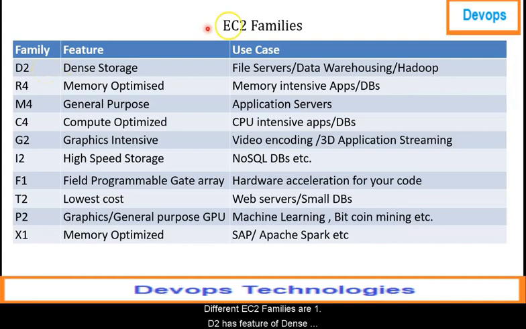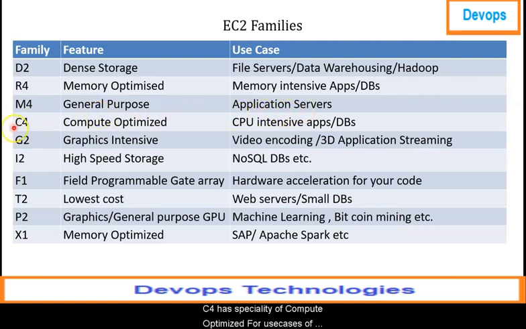Different EC2 families are: first one is D2, which has the feature of dense storage for use cases of file servers, data warehousing, Hadoop. Second one is R4, which has the feature of memory optimized for the use cases of memory intensive applications, DBs. Third one is M4, which has the feature of general purpose for use cases of application servers.